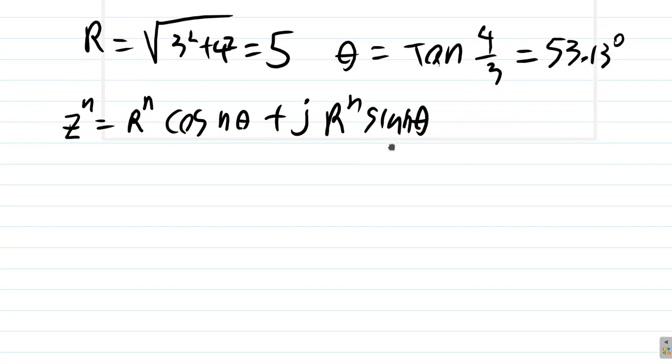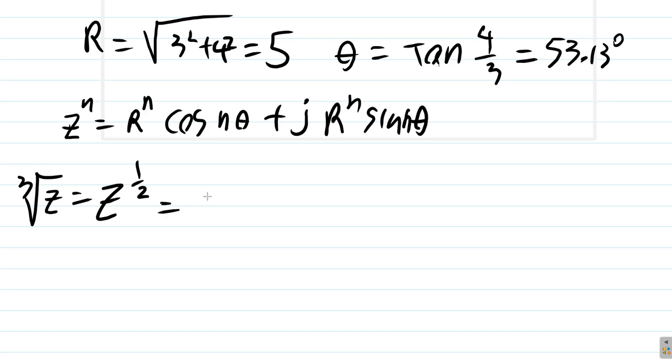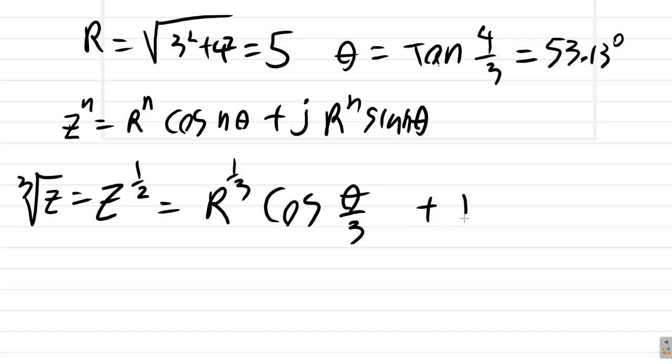So we want the cube root. The cube root of z is the same as z to the 1/3, which is r to the 1/3 cos theta over 3, plus j r to the 1/3 sine theta over 3. So that's what we have.